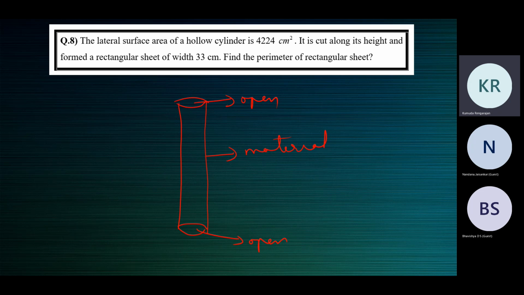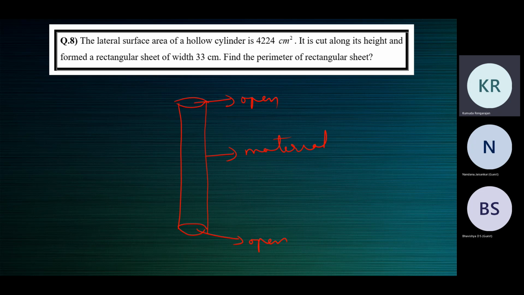The lateral surface area, that means the curved surface area, of a hollow cylinder is 4,224 centimeters square. It is cut along its height and formed a rectangular sheet of width 33 centimeters.